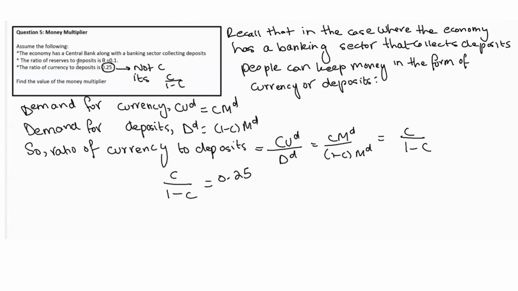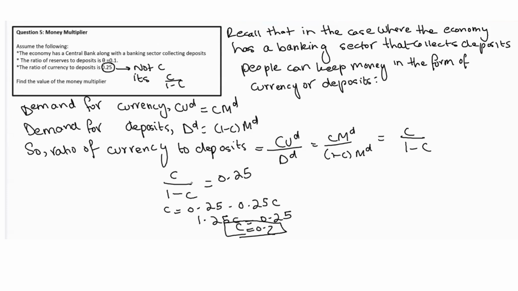In the question we're not given the ratio of currency to money demand, which is c in the formula of the money multiplier, but rather c by 1 minus c, the ratio of currency to deposits. So from here we can find c. Then c is equal to 0.25 minus 0.25c, so 1.25c is 0.25. So c is 0.2. Now this is the c I can plug into the formula.